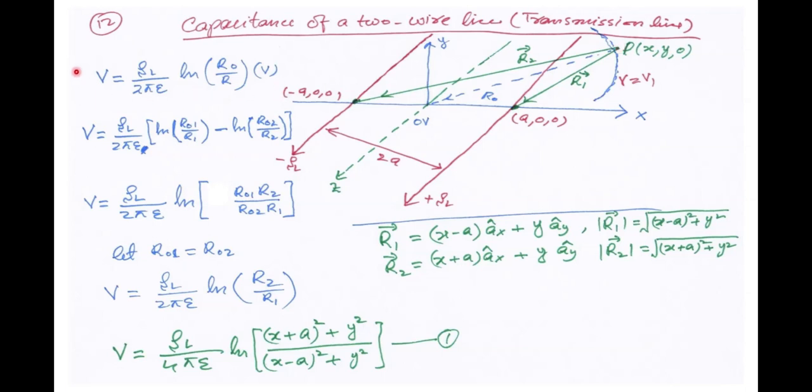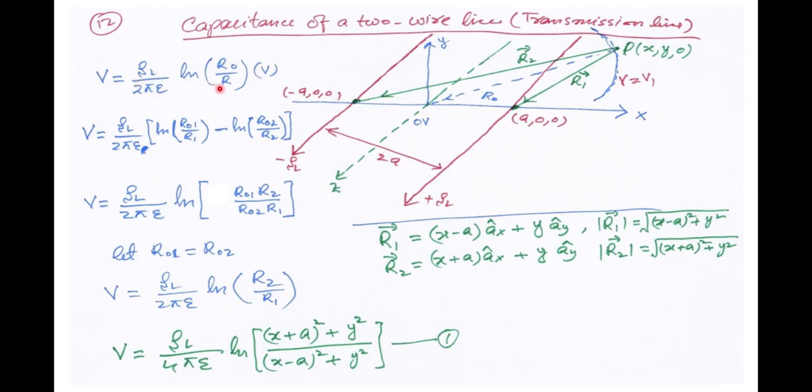So the potential difference between the line charge at x equal to a and a plane that has zero potential at x equal to 0, at point P, is given by this relation.